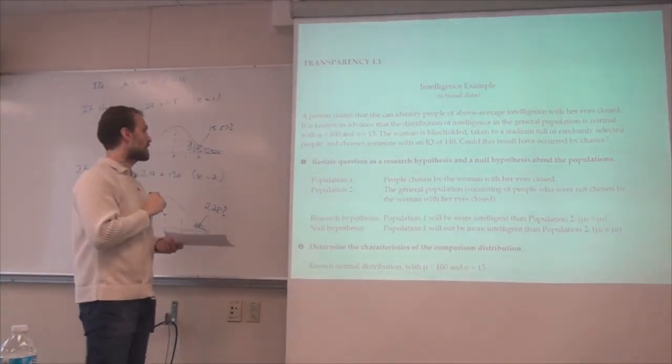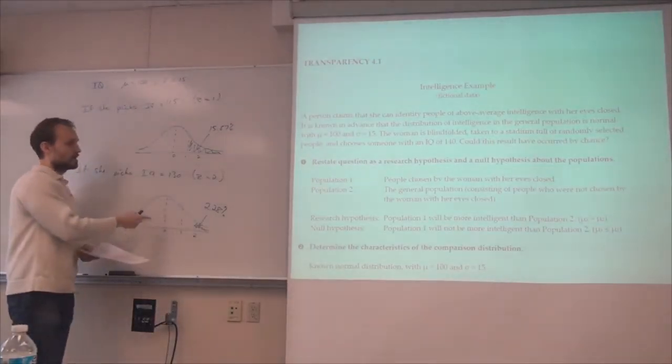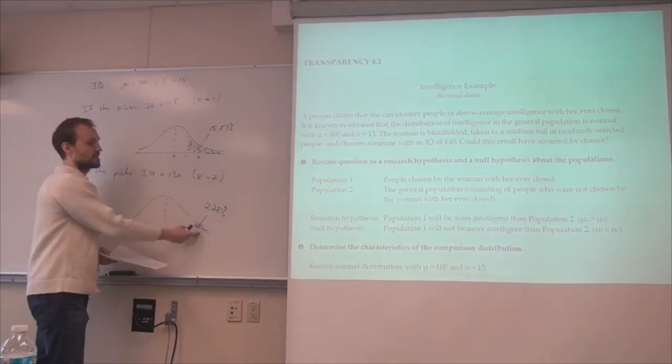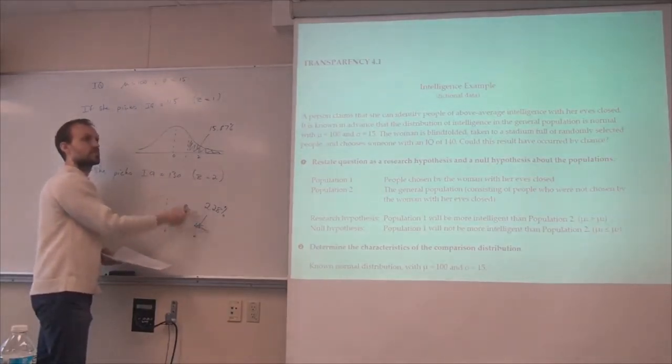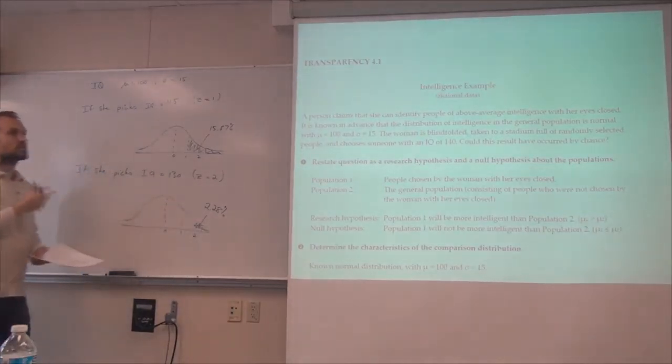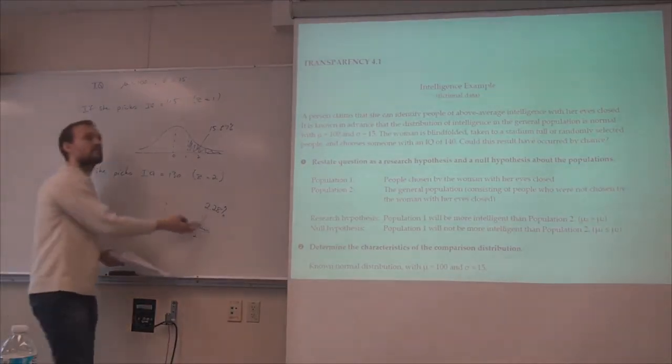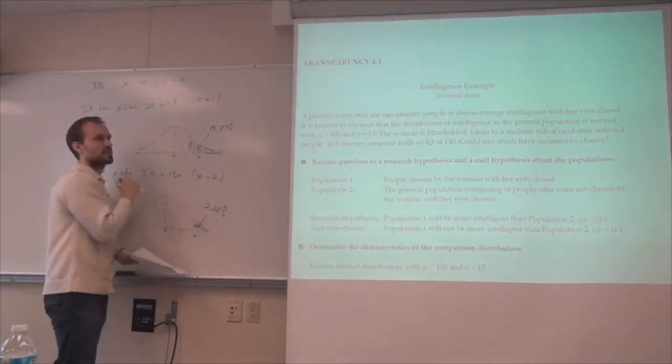Whereas if I randomly select a person in the stadium, the probability of me getting someone in this region, 130 IQ or above, is only 2%. So if you can do it with one person, that gives me more evidence to suspect that there's something to your claim.